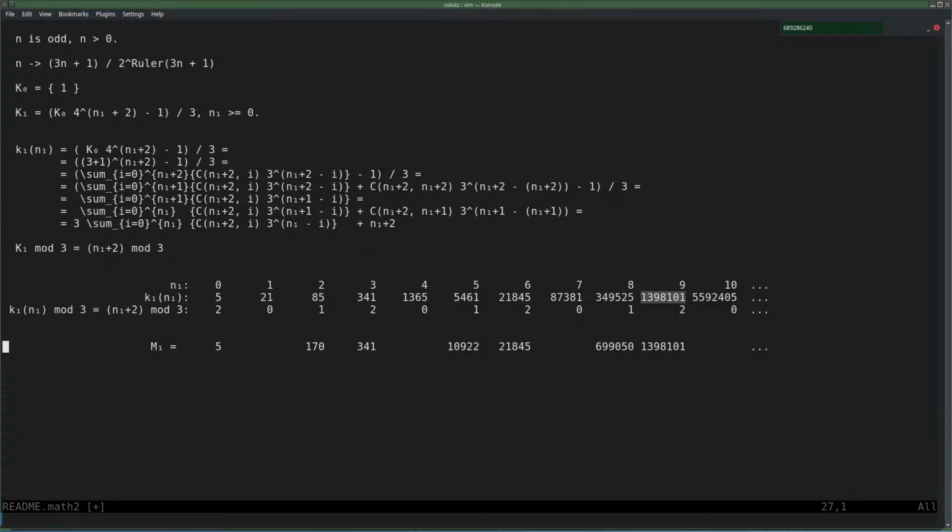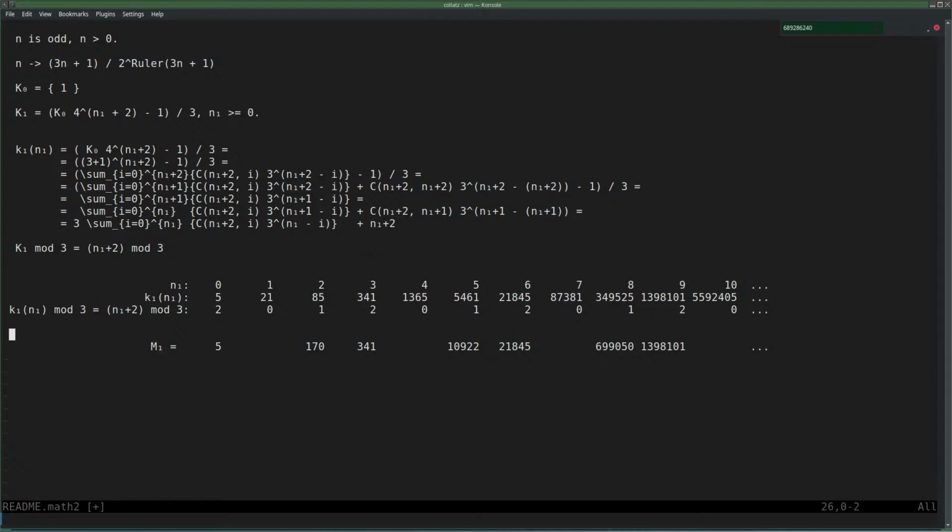And I want to enumerate M1 as well, just like we enumerate the set of K1 with the value of N1, starting at 0. I want to enumerate the set M1 also.